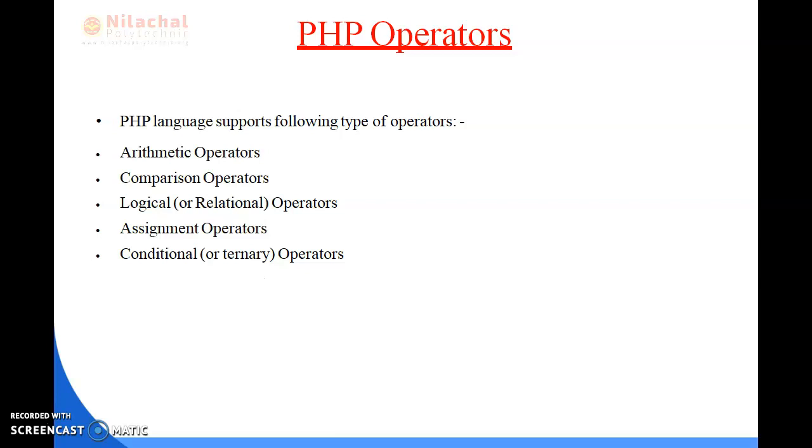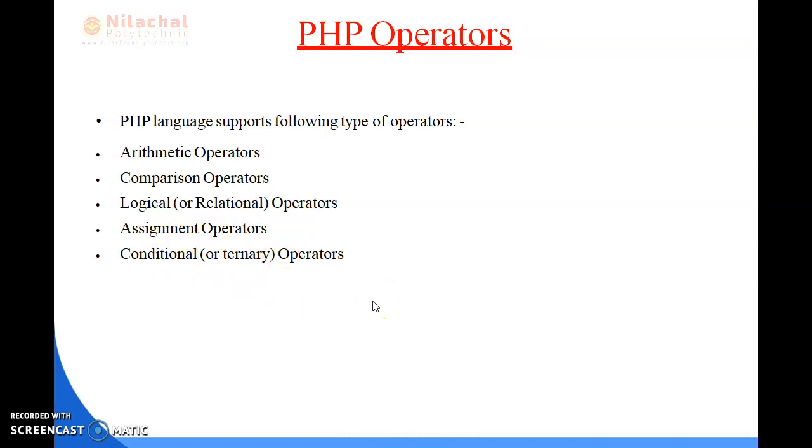Next are PHP operators. There are many operators we use in PHP. Operators are used to perform operations on variables and values. PHP divides operators into arithmetic operators, comparison operators, logical operators, assignment operators, and conditional operators.